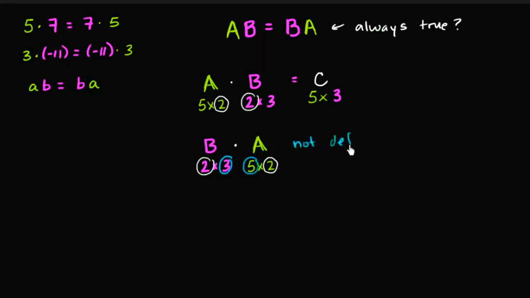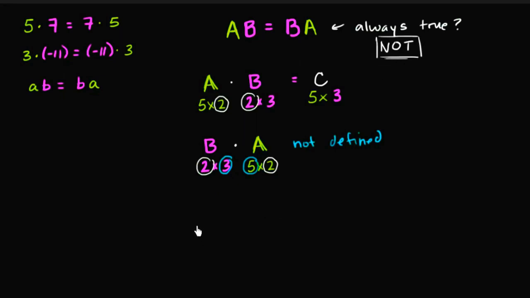This immediately is a pretty big clue that this isn't always going to be true. The product AB is defined, and you'll end up with a 5 by 3 matrix. The product BA isn't even defined. So we're already seeing that order matters when you are multiplying matrices.